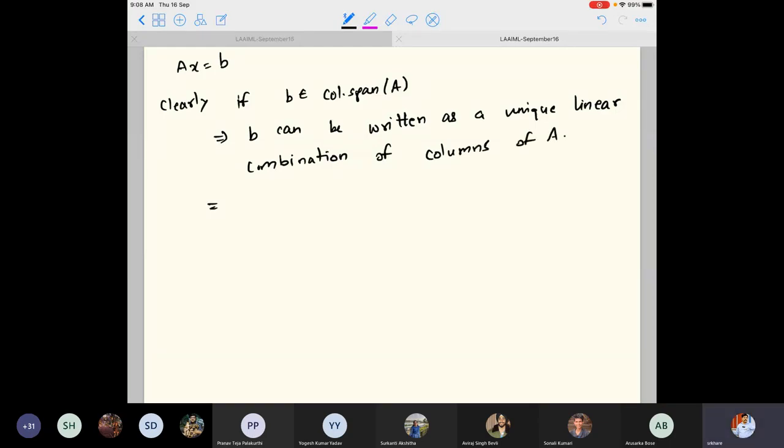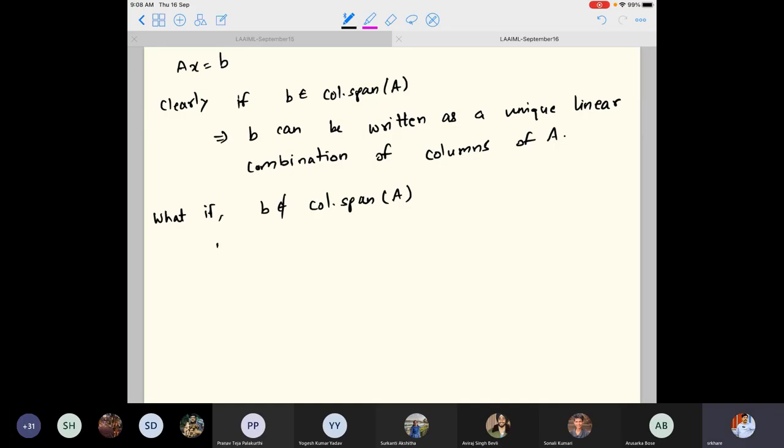So that unique linear combination basically is the solution X, right? That unique linear combination is actually the solution of Ax is equal to B. But what if B does not belong to the column span of A?